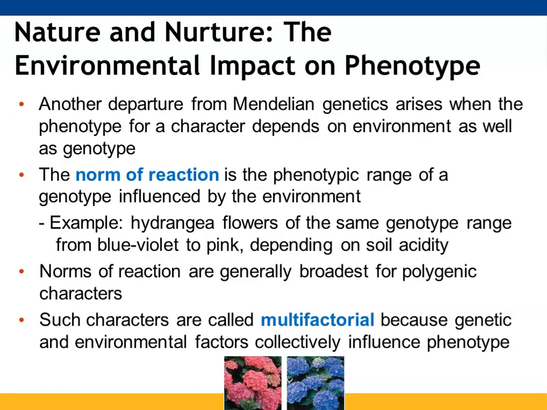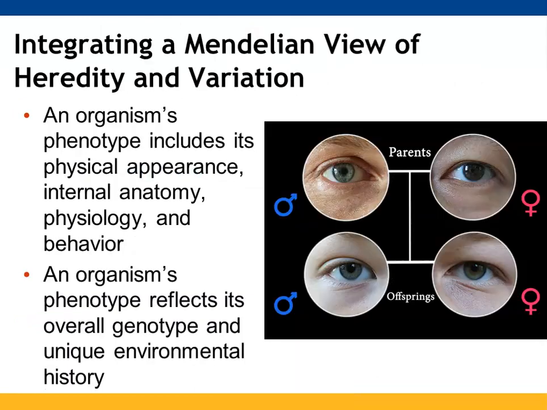The more genes that are involved with these characters, the broader these norms will be. They are considered to be multifactorial characters because not just the alleles affect your phenotype, but the environmental conditions do as well. Together in combination, they are going to have an impact on your phenotype.